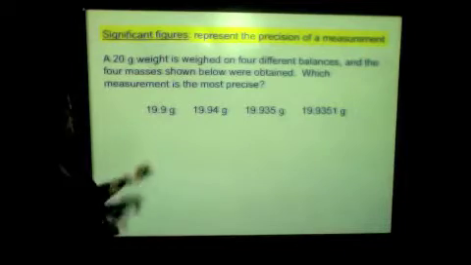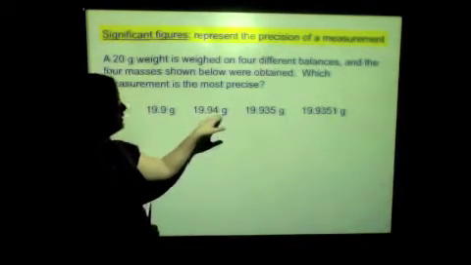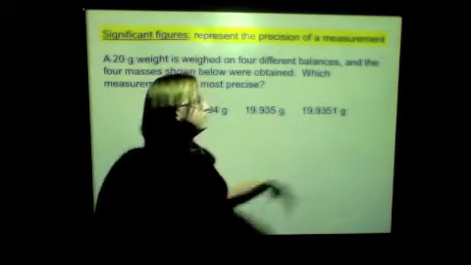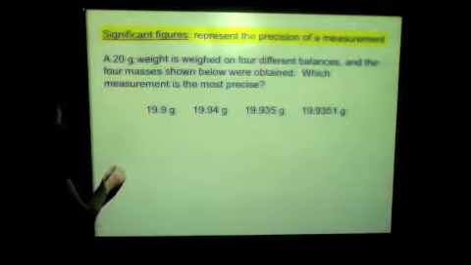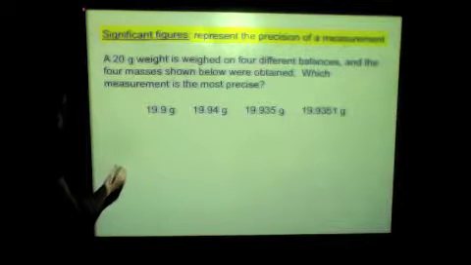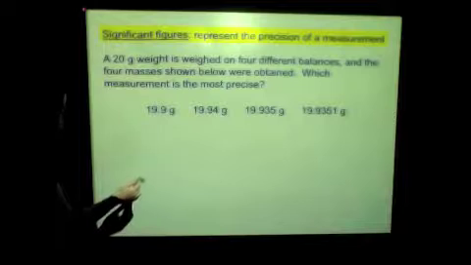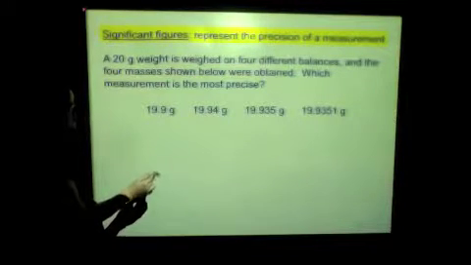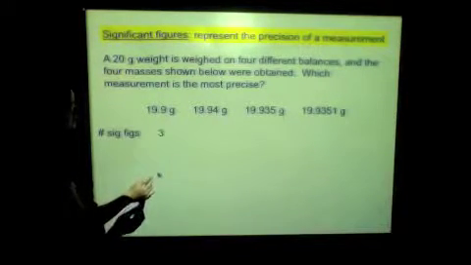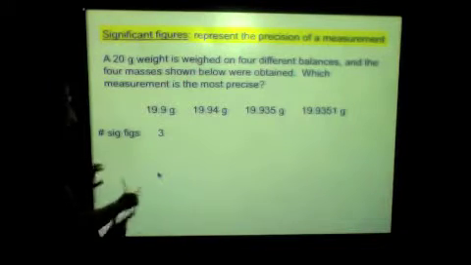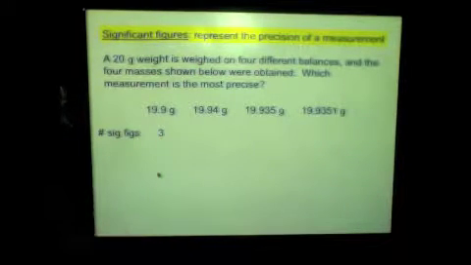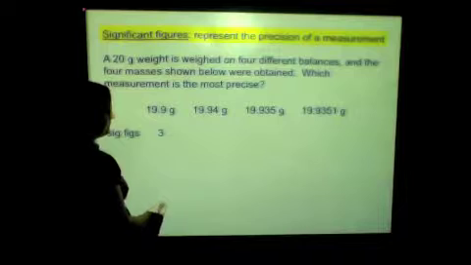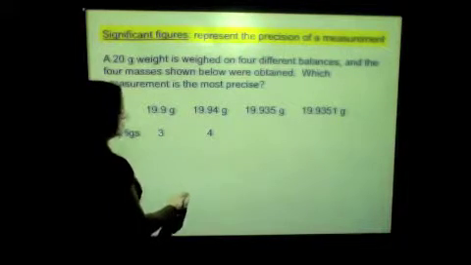Here you have 1 decimal place, 2, 3, 4. So sig figs, which we have 2 whole videos on, are the number of numbers in that number. So 19.9 has 3, 19.94 has 4, and so forth.